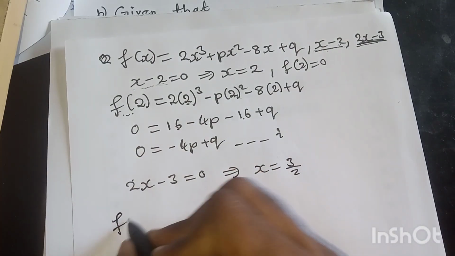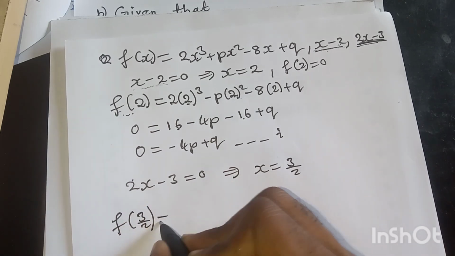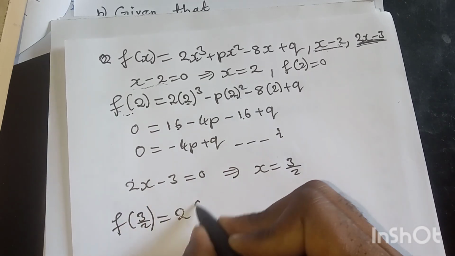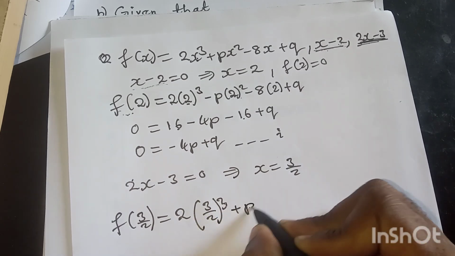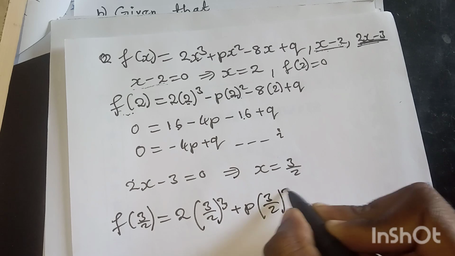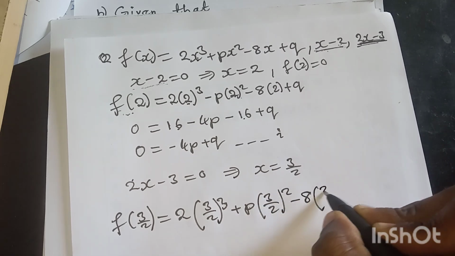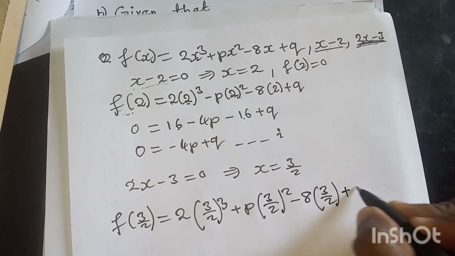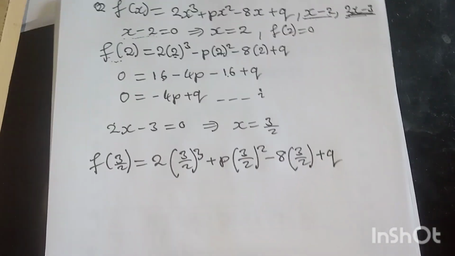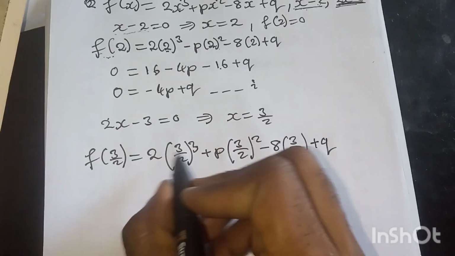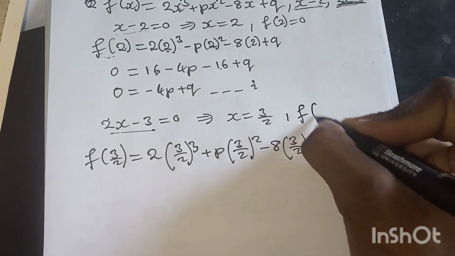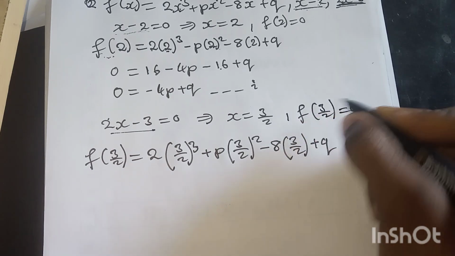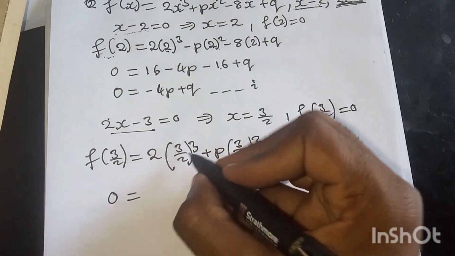So let's find f of 3 over 2. So this will be 3 over 2 cubed plus p times 3 over 2 squared minus 8 times 3 over 2 plus q. And then when you simplify this, remember this being a factor of that polynomial means f of 3 over 2 is 0, so you can put a 0 here.